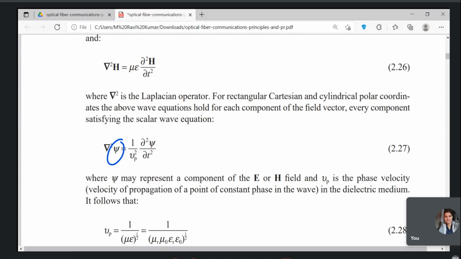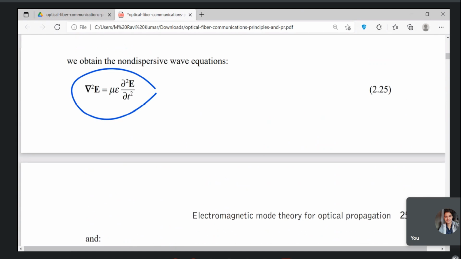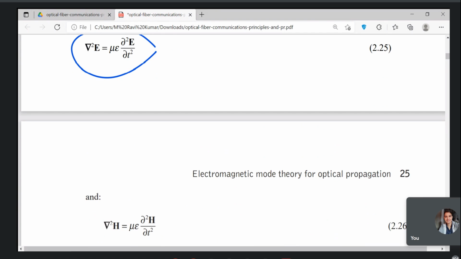To generalize the derivations, you can see here that both expressions, del square E and del square H, are similar, right?